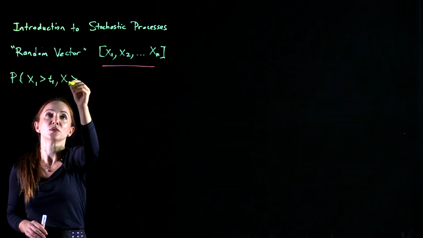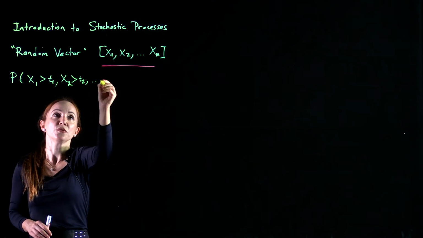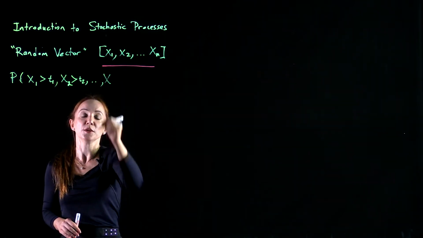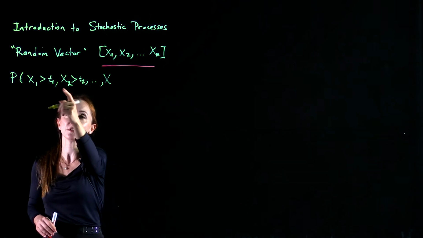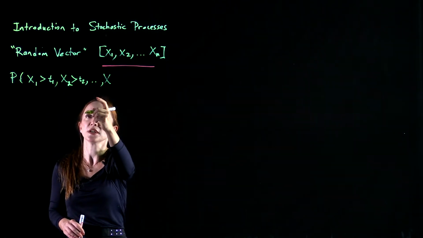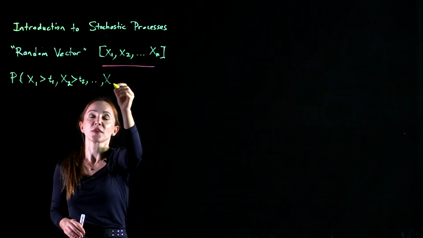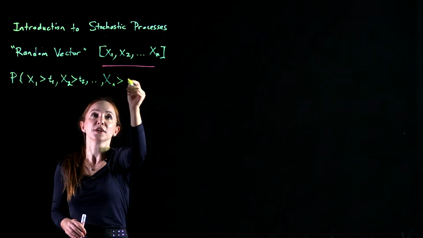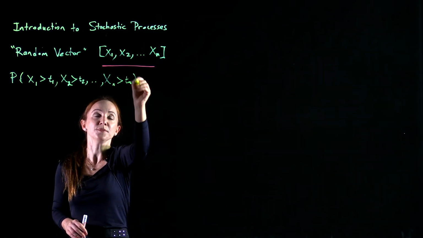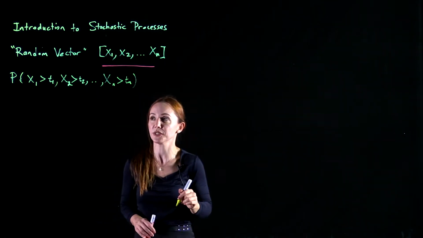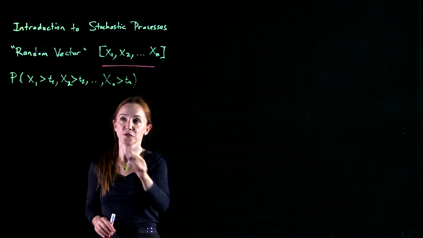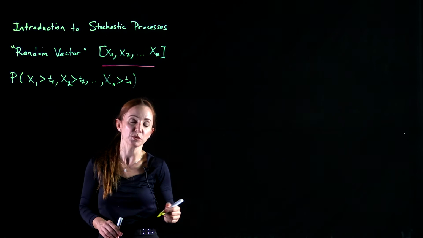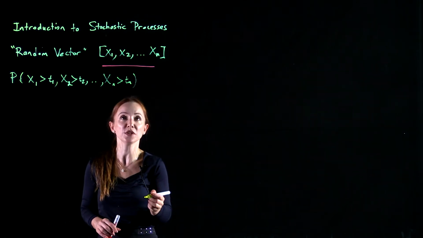So if we write the probability that x1 is bigger than t1, x2 is bigger than t2, ..., xn is bigger than tn, this would be the joint complementary CDF, and we can compute this probability.